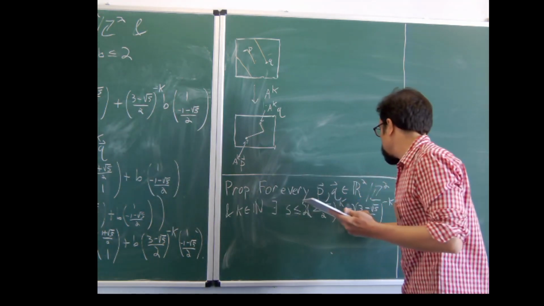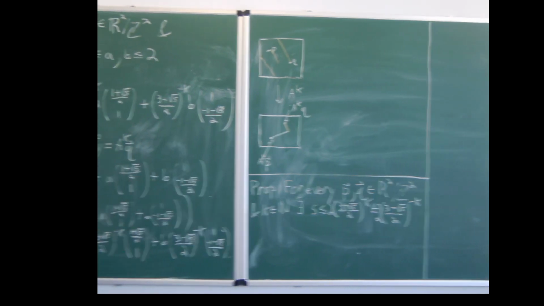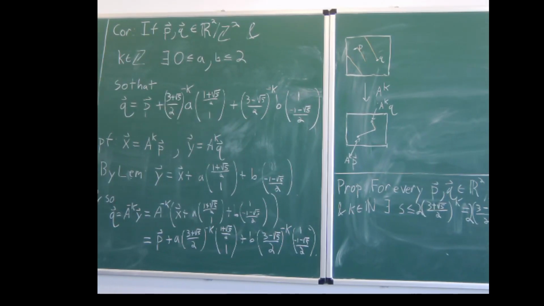I forgot the 2. There's my 2. So it's this number here. I'm keeping track of this number, and the b is at most 2. So that's where that number comes from.